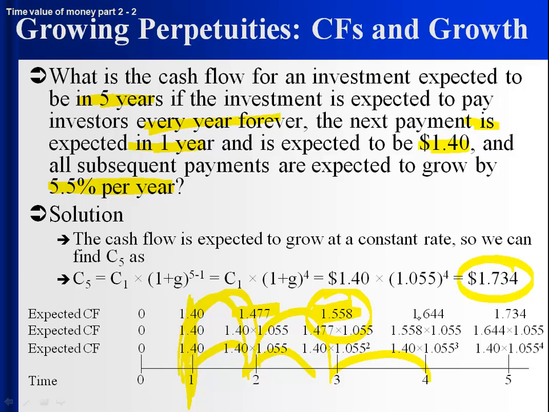A year later, $1.644. And then in 5 years from today, or 4 years from here, we expect $1.734. You have $1.40, and it jumps 1, 2, 3, 4 times by 1.055 to the fourth, because it grows by 5.5% per year, and it'll be $1.734.